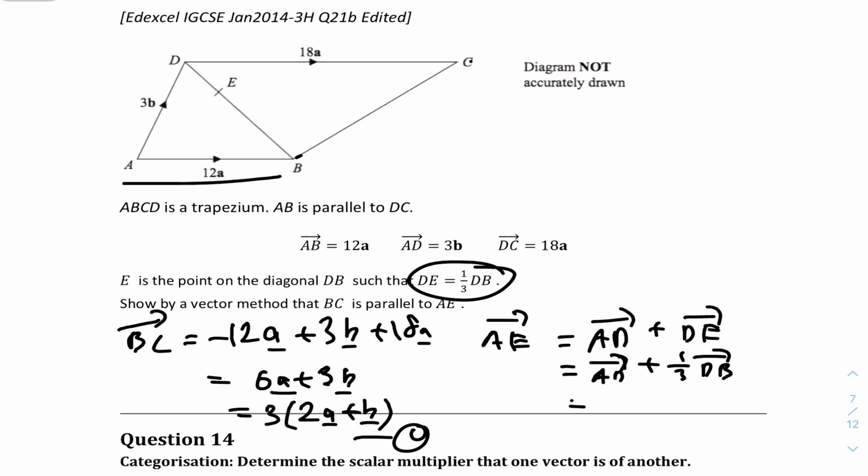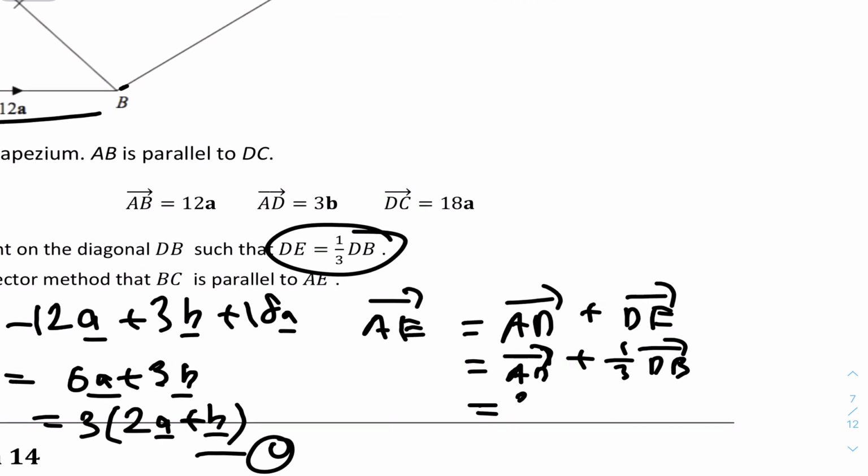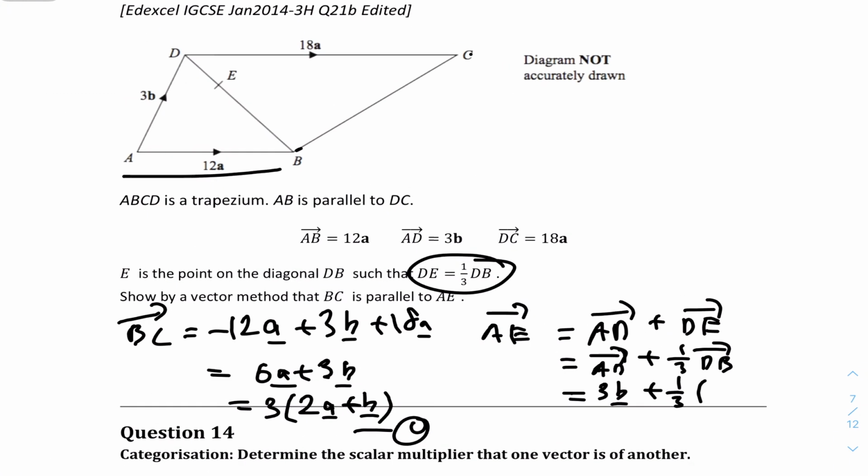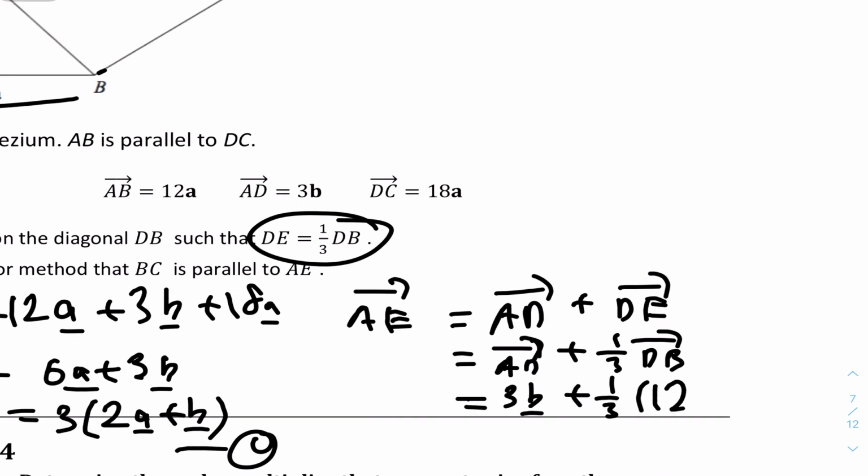So AD is 3b already, right? We know that. So 3b plus a third of DB, and DB is equal to this minus this, so minus this plus this, right? So it would be 12a minus 3b. If you factorize it and simplify everything, you get 2a plus b.